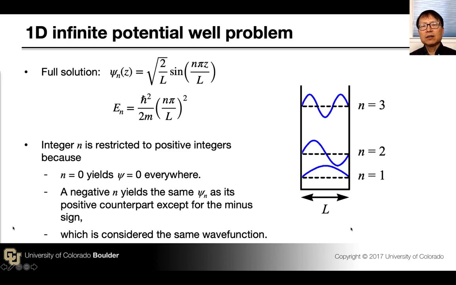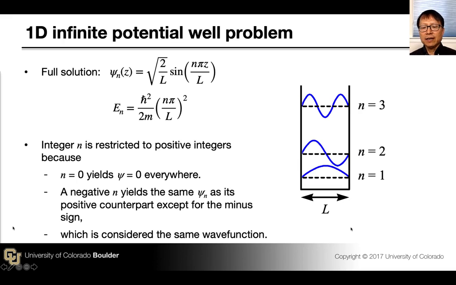And also, the negative integer n simply gives you the same sine function with a minus sign out in front. And because the function is the same except for a constant multiple, those two wave functions are considered identical, and those are considered the same quantum state. Therefore, the negative integer simply gives you a duplicate of the same state that is already represented by a positive integer n.